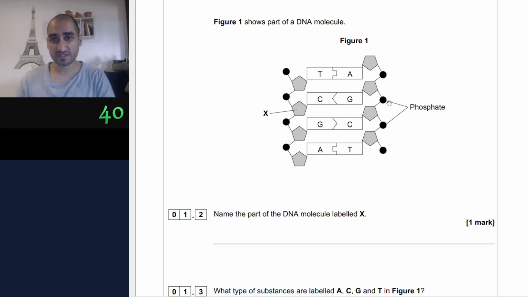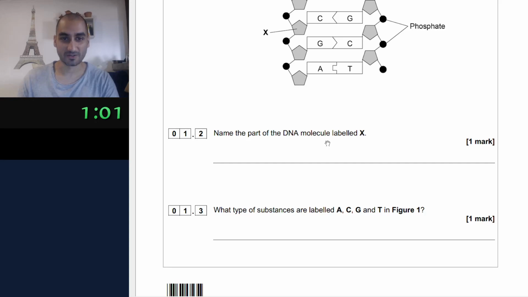So the circles are the phosphates. I have no idea. So what does it stand for? It stands for deoxyribonucleic acid. Does that give us a clue? Deoxy... Don't know.